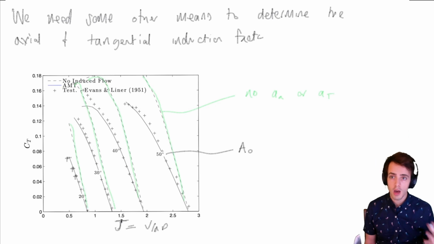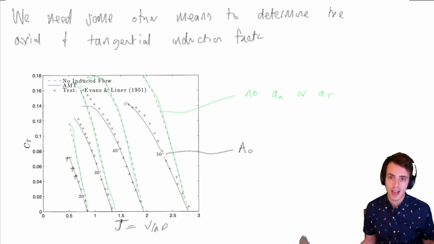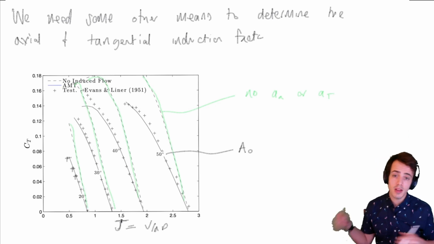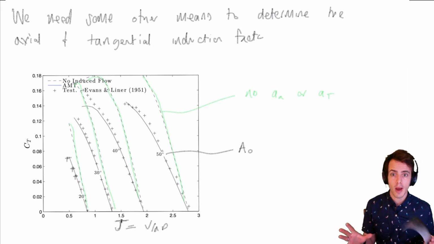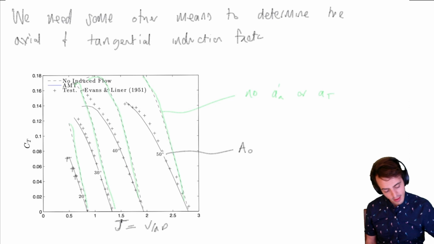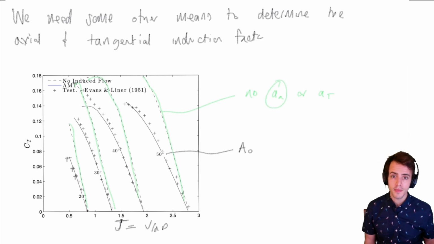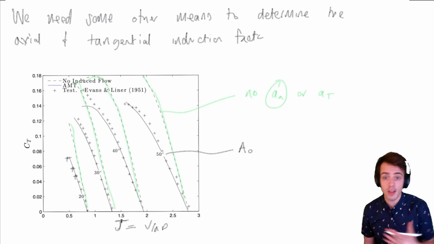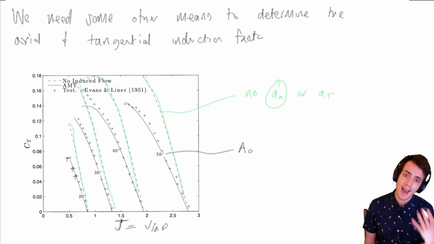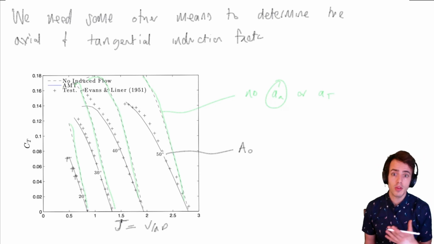For these curves, I've just set AA and AT equal to 0. Now what it means is that the angle of attack is too high everywhere all over the disc, because fundamentally the axial induction factor causes the propeller to feel like it's going faster than it actually is flying. The reason for that is this velocity increment that's added to the free stream velocity.